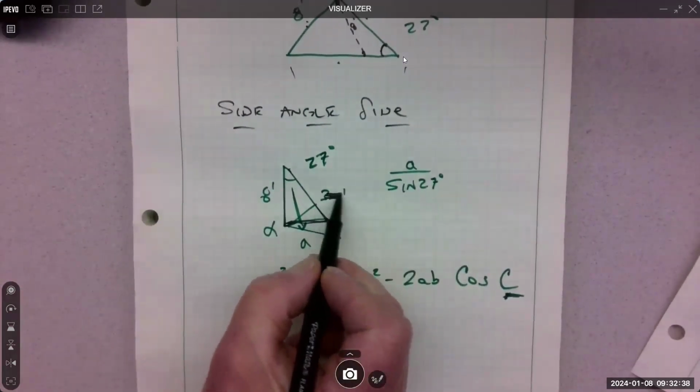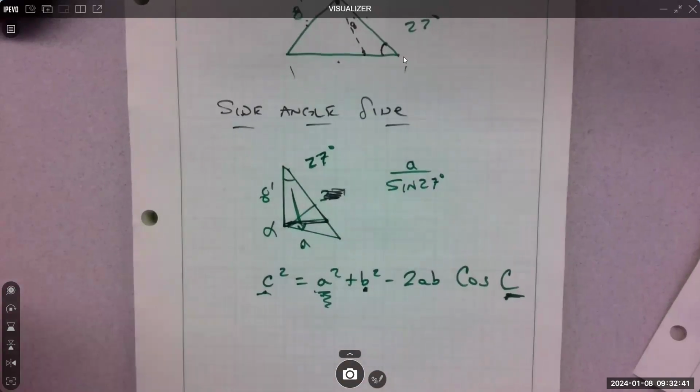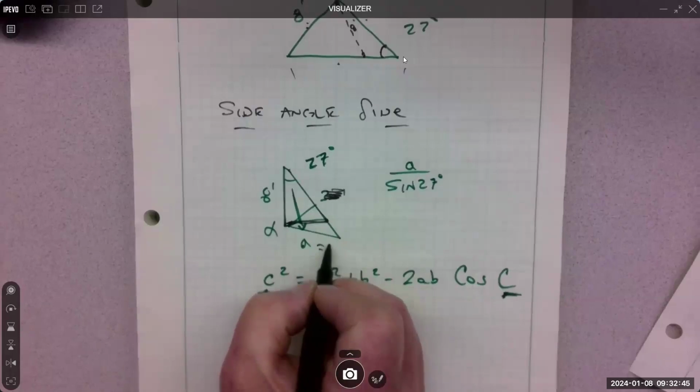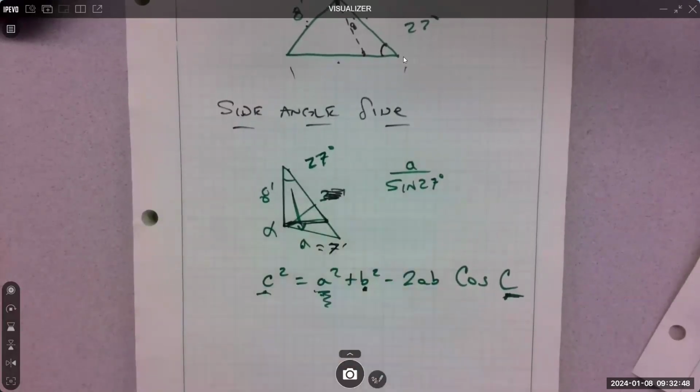This would have to be the unknown. This would have to have some value too. I'll make it short. 7 feet.